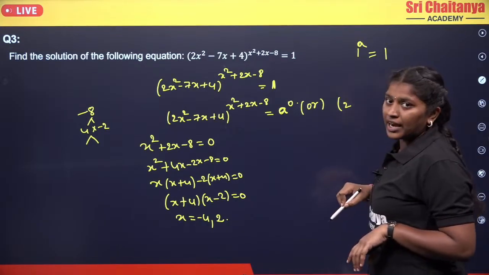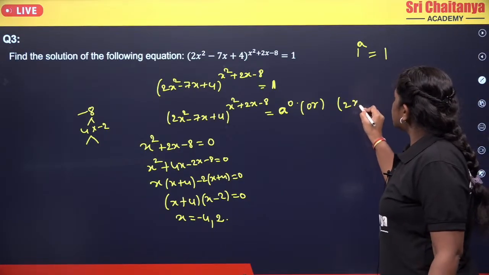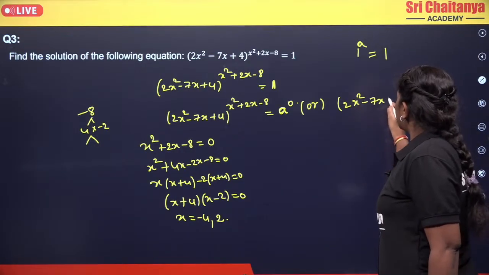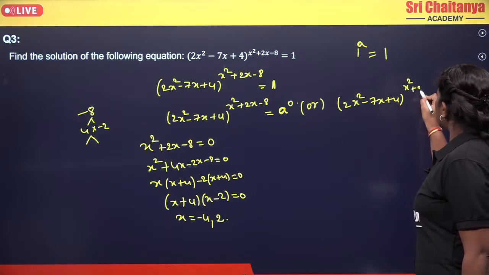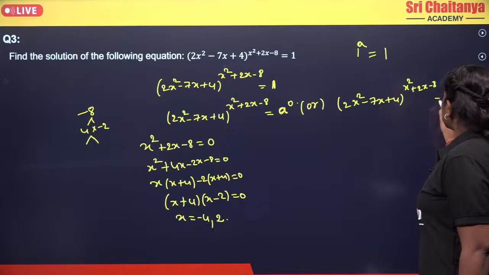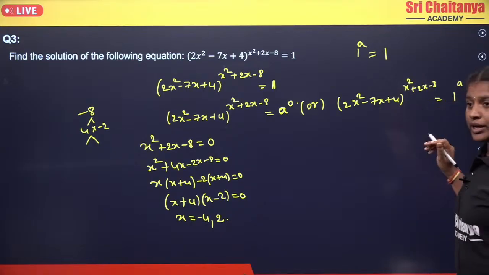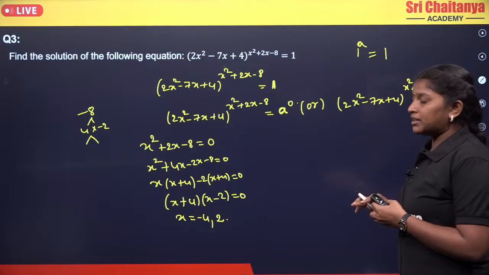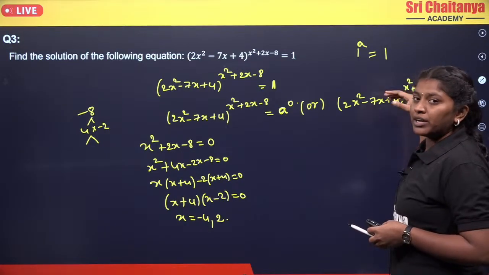It means there are two possibilities: a to the power 0 or 1 to the power anything.